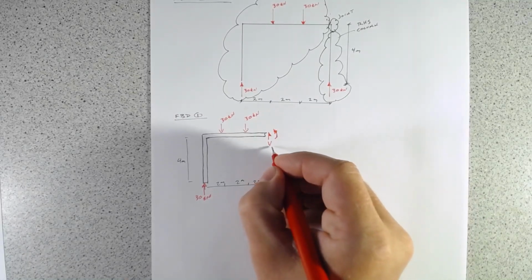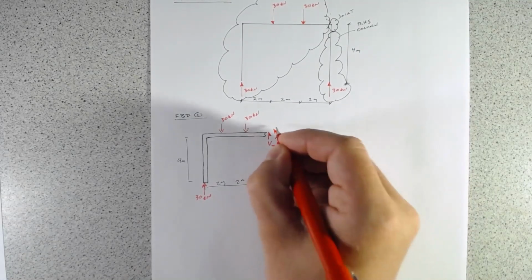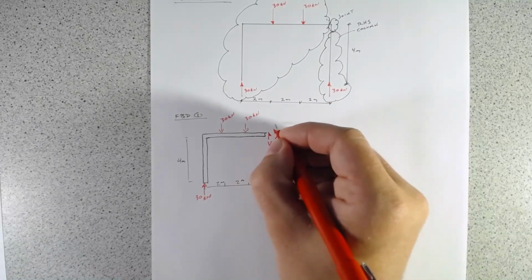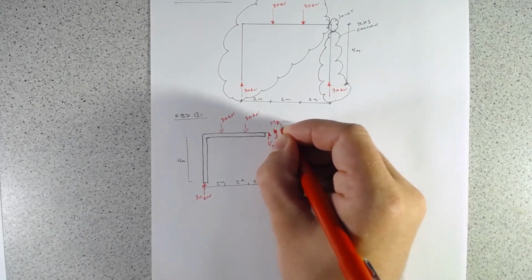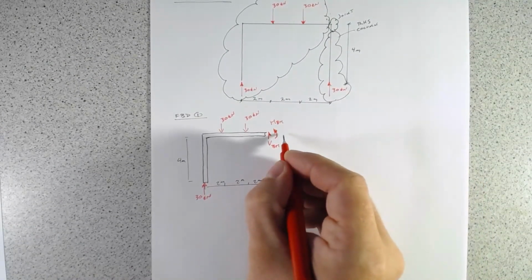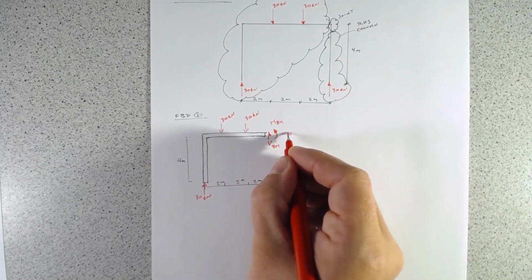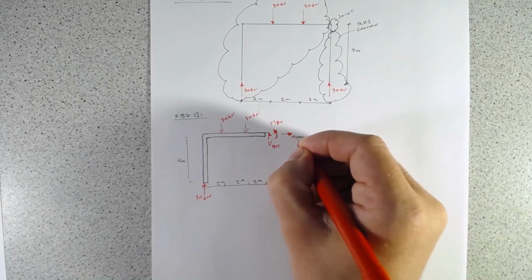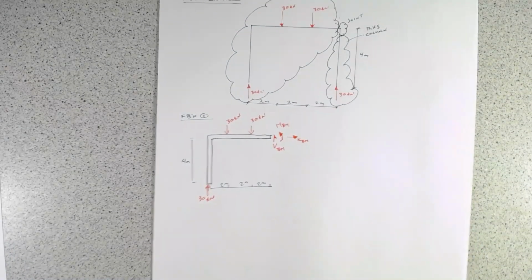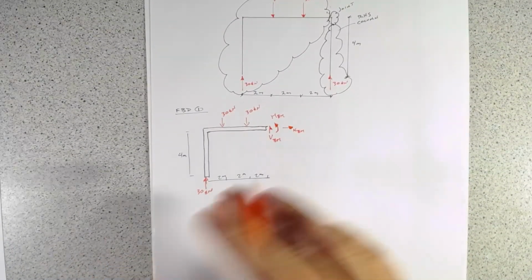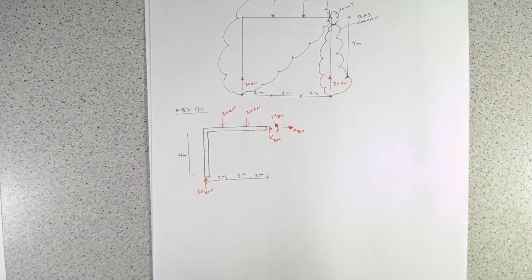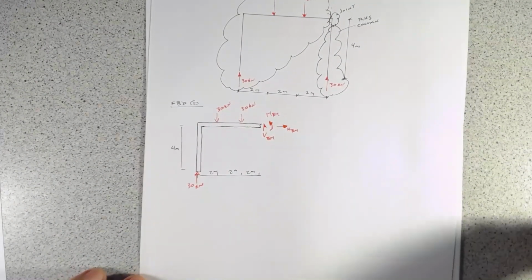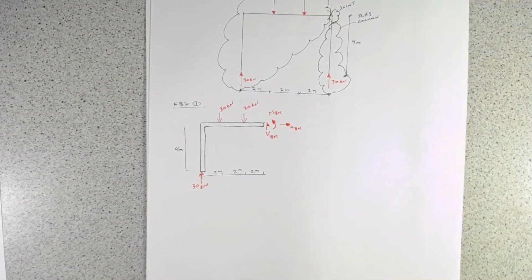In fact, let's call this V_BM for beam, and let's call this moment M_BM, and it will have some axial force, N beam. And no matter where we take that cut, if we're exposing these internal actions, we're going to have these three, which we have to solve for.